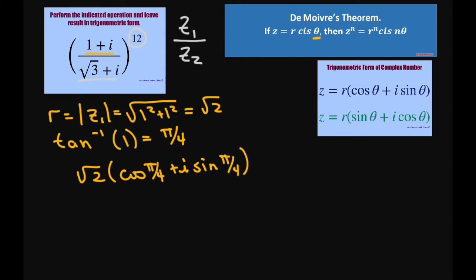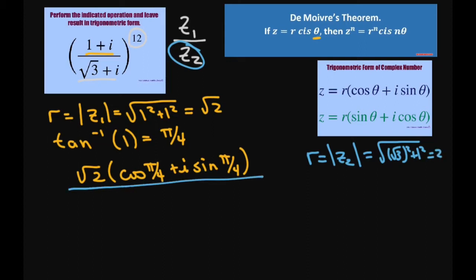And then we do the same thing for our Z2, our denominator. So basically for that one, we get our R equals the absolute value of Z sub 2. That's the square root of 3 squared plus 1 squared. That equals 2. So we're going to have a 2 here. And then we take our inverse tan for theta, which is y divided by x.